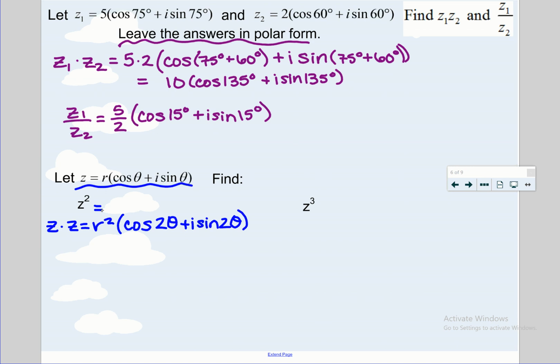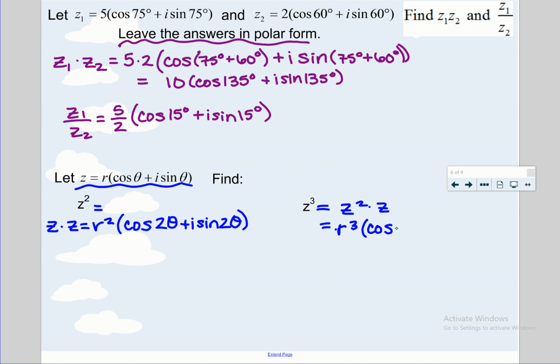What could I multiply to get Z to the third? What two things could I multiply to get Z to the third? Z to the second and Z to the first, which we have both of those. Multiply their r's. Well, one of them has an r squared and one of them has an r. So if I multiply r squared and r, I get r to the third.